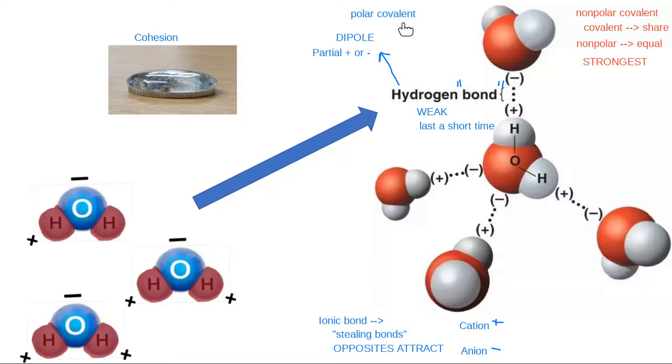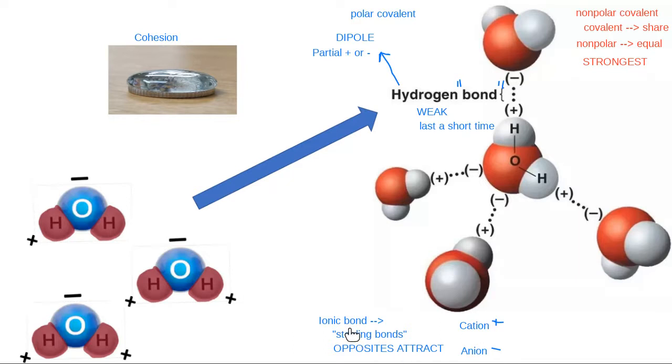Remember though, anytime we're sharing, so anytime we have this covalent word on there, it is still a relatively strong bond. So these ones still are pretty strong too, polar covalent bonds. Even though we're not sharing equally, we are still sharing. So that's a pretty strong bond. Ionic bonds are only based on this idea that opposites attract.